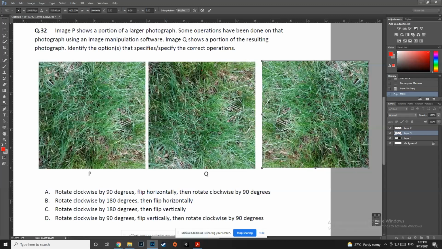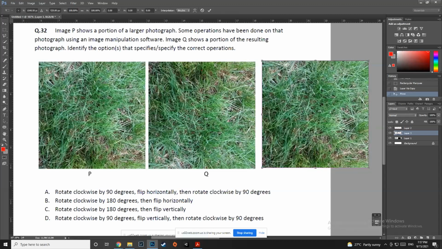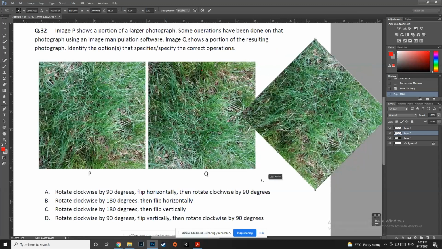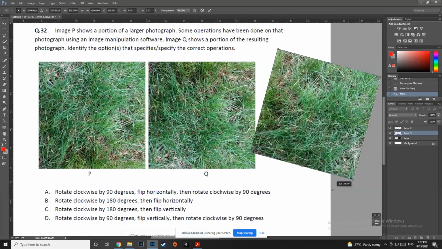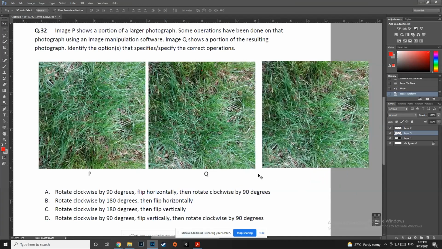No, right? Quite obvious. And finally, rotate it 90 degrees and then flip it vertically, then again rotate it 90 degrees. Do we get Q? Right? So now it is obvious to everyone that we got the answer.